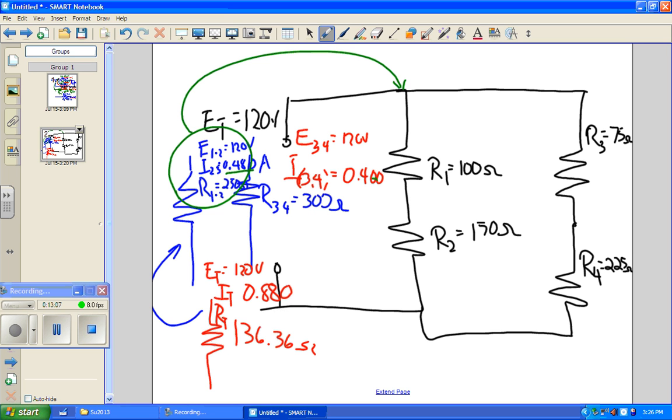Now, our current is constant through here, so it's 480 milliamps, right? So let's multiply 0.480 times 100, and we'll get our voltage drop across resistor 1.